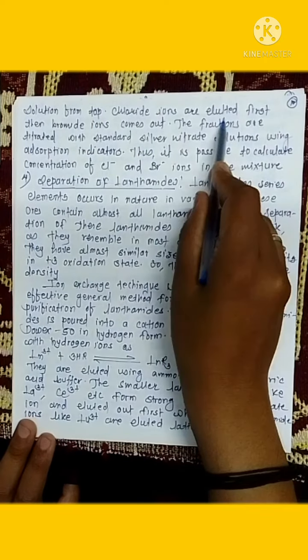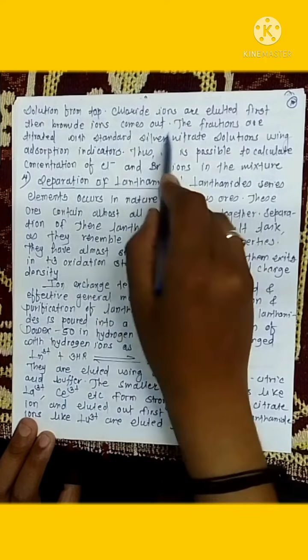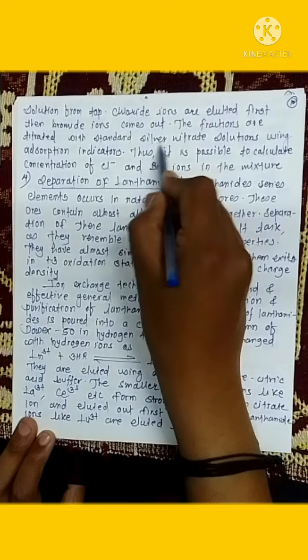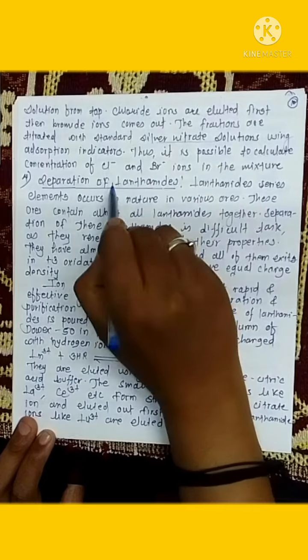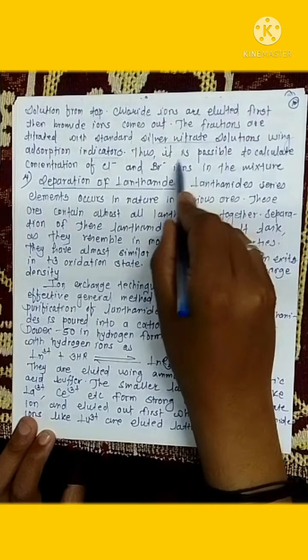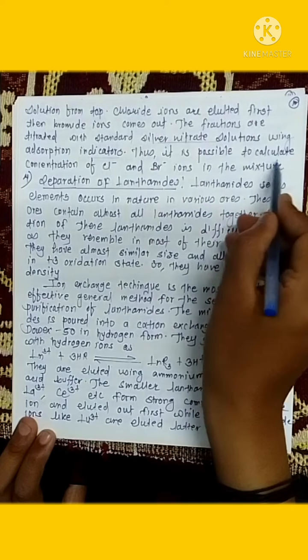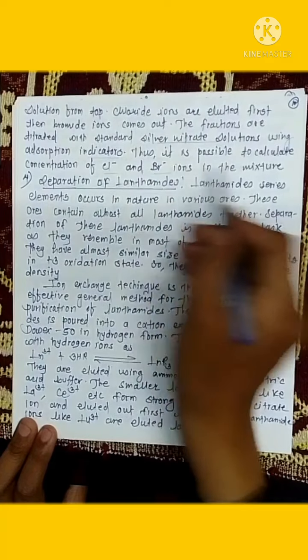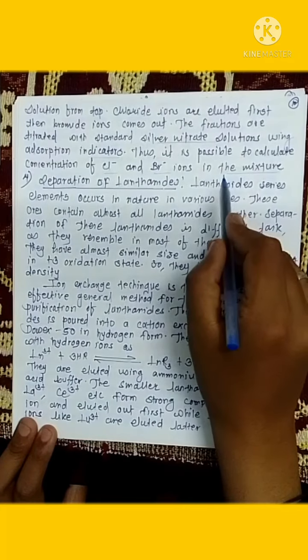Chloride ions are eluted first, then bromide ions come out. The fractions are titrated with standard silver nitrate solution using an adsorption indicator. Thus, it is possible to calculate the concentration of chloride and bromide ions in the mixture.